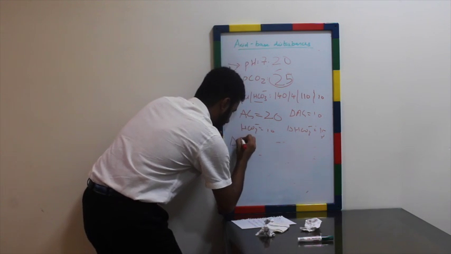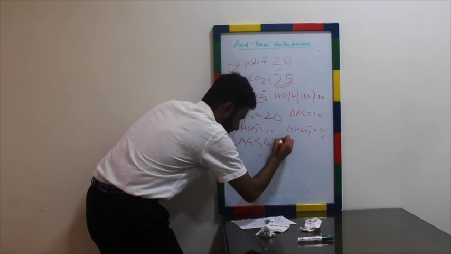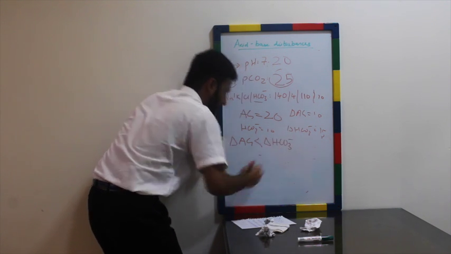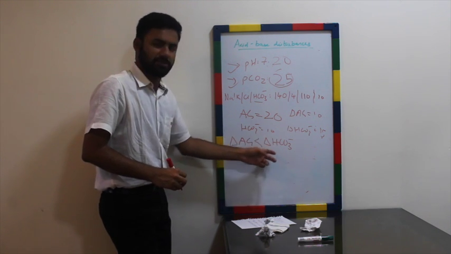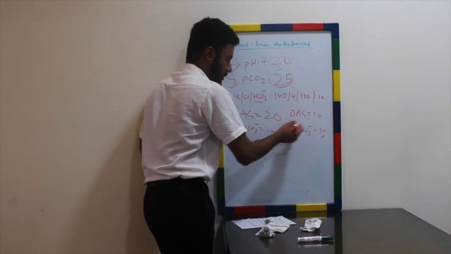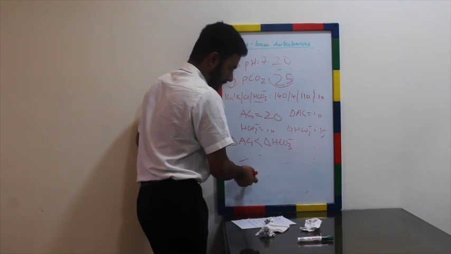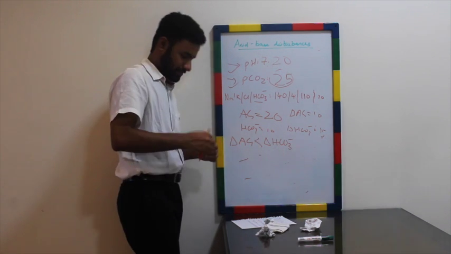So the delta bicarb is greater than delta anion gap, which means that there is a high gap metabolic acidosis with a normal gap metabolic acidosis with a respiratory alkalosis.